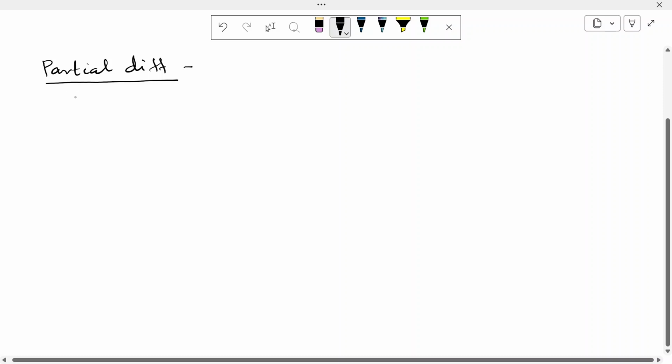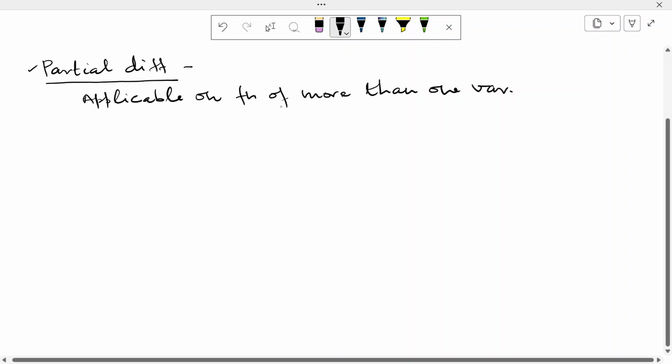The concept of partial differentiation is applicable on a function of more than one variable. As long as we are dealing with a function of one variable, we do not use this concept. This is applicable only when we are having a function of more than one variable.